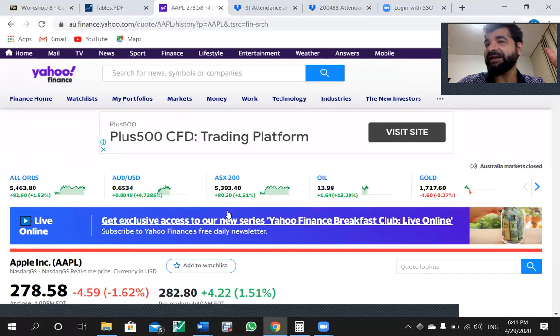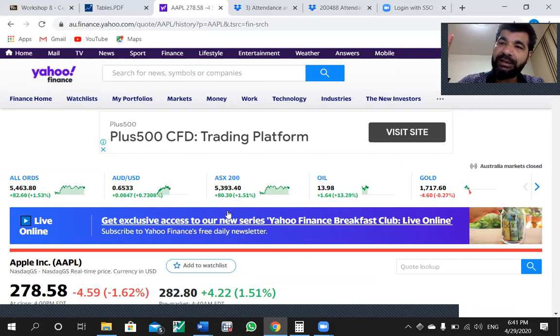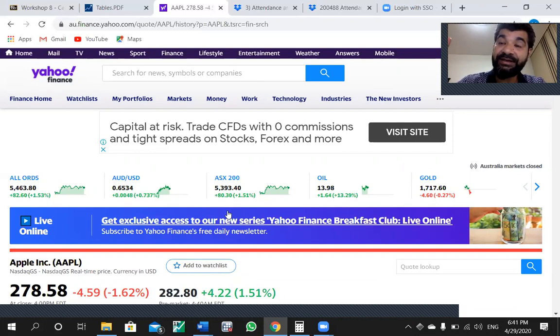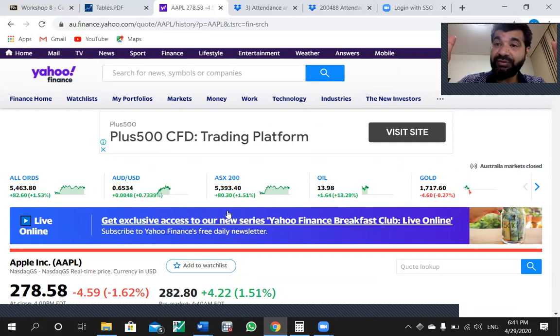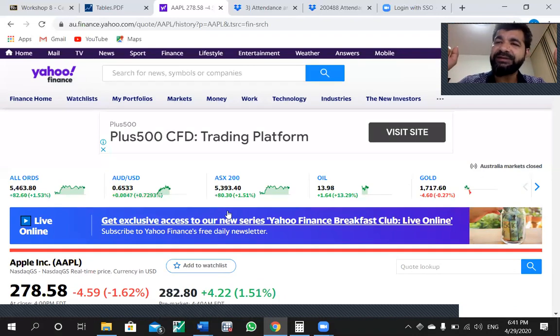From 1987 until about 1995, they paid dividends. Then from 1995 to 2012, no dividend. After 2012, they started to pay dividends again. So sometimes they give dividends, sometimes they don't, but this did not have much impact on their share price.